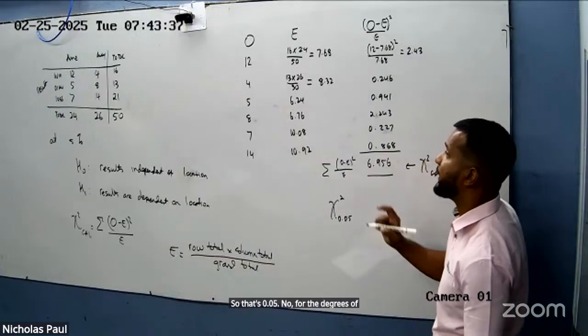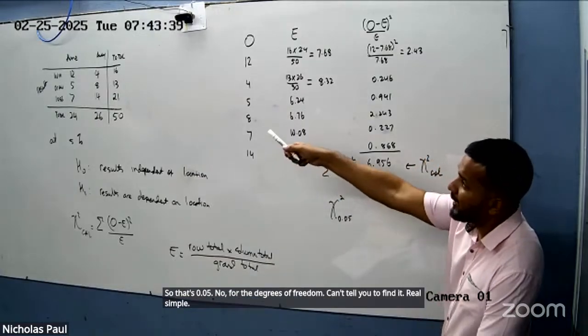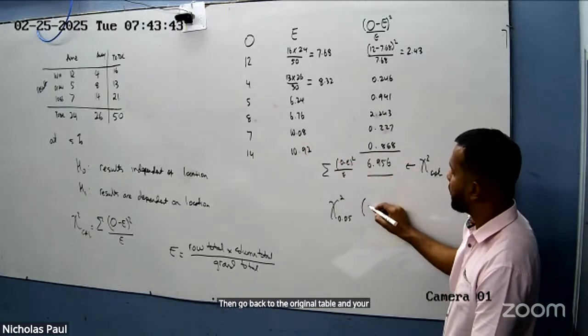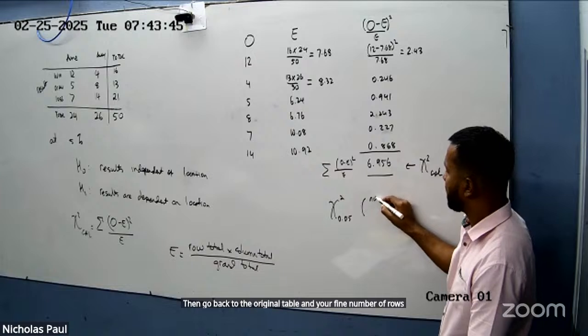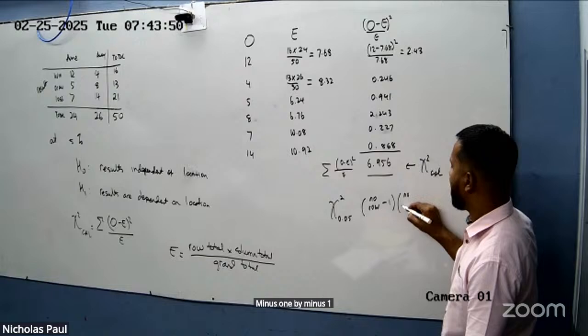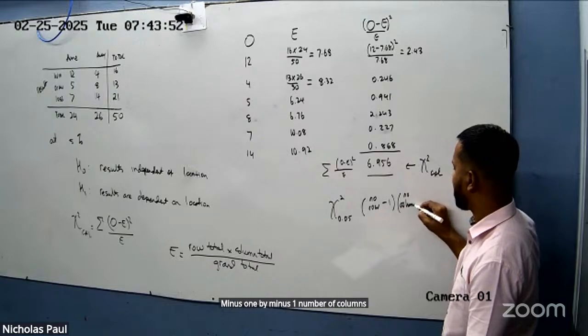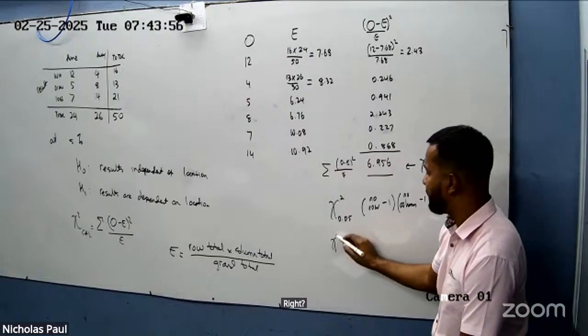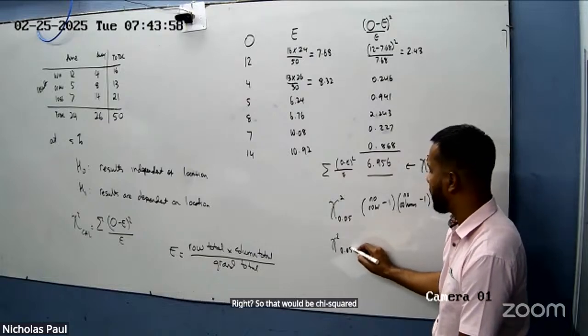Now for the degrees of freedom. Here's how you find it. Real simple. You go back to the original table and you find number of rows minus 1 by number of columns minus 1. So that would be chi-squared 0.05.